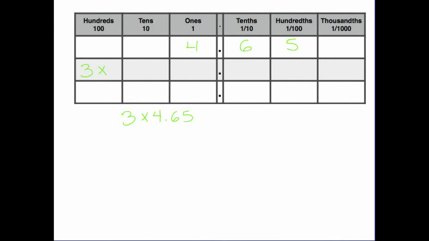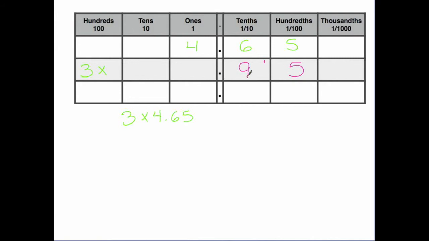You are genius. Okay, so let's start at the end. 3 times 5 is 15. What are you going to do with the 1? Carry it. 3 times 6 is 18. But don't forget you have a 1 there, so 18 plus 1 is? What number is it? 9.